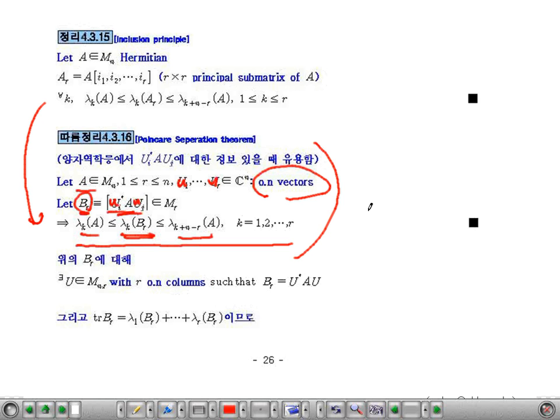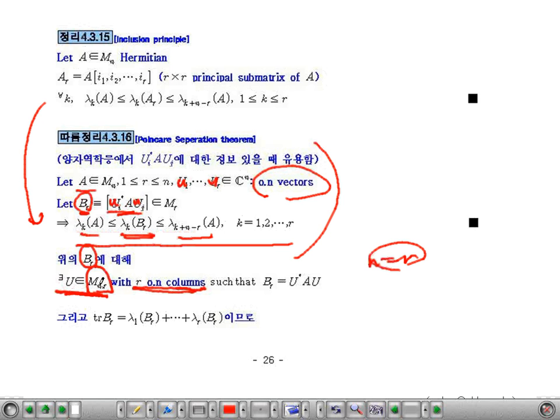And this kind of theorem has been used in physics. For the above B_R, there exists a unitary matrix U with R orthonormal columns. Not a unitary matrix, it's a rectangular matrix with R orthonormal columns. When n is equal to R, it's going to be a unitary matrix.